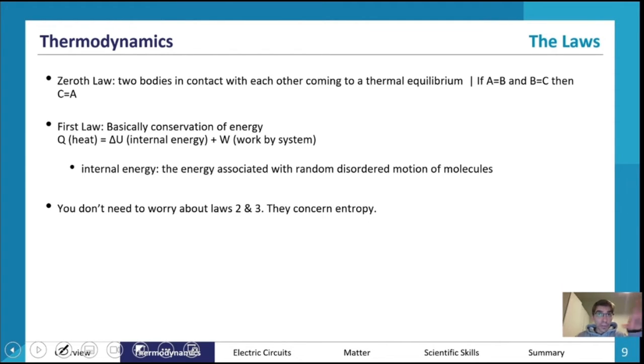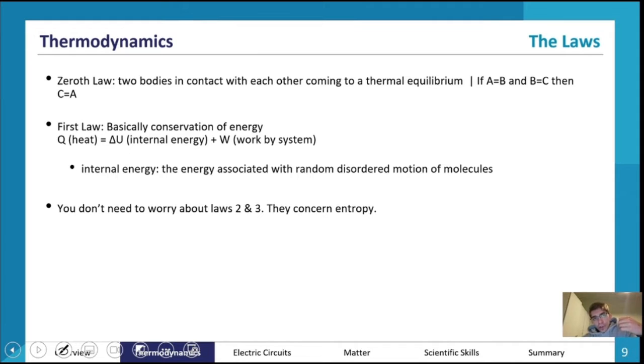In fact, A, B, and C will all have the same temperature when equilibrium is achieved. So let's look at the first law and then the other laws.